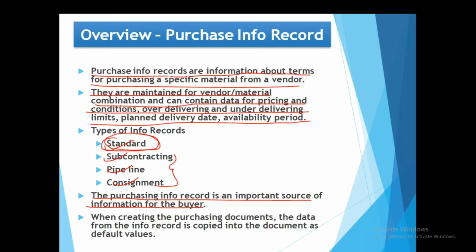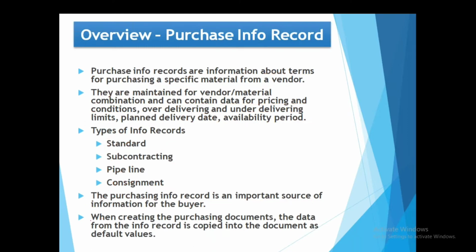When creating purchasing documents, the data from the info record is copied into the document as default values. So whenever you are creating a purchase order, if the purchase info record exists, the data from the purchase info record will get copied to the purchase order.